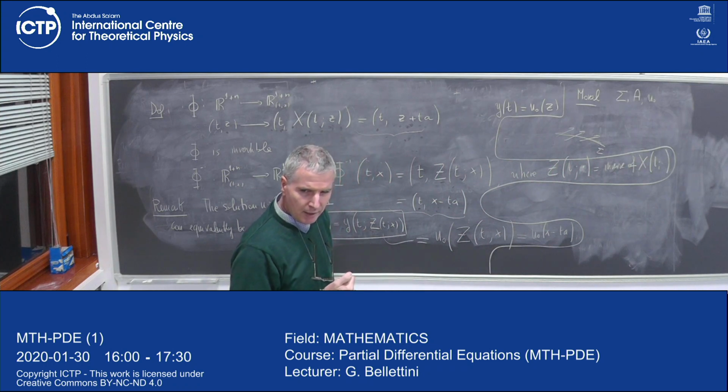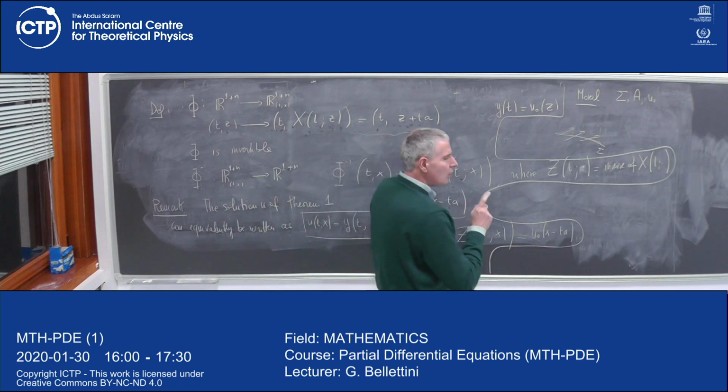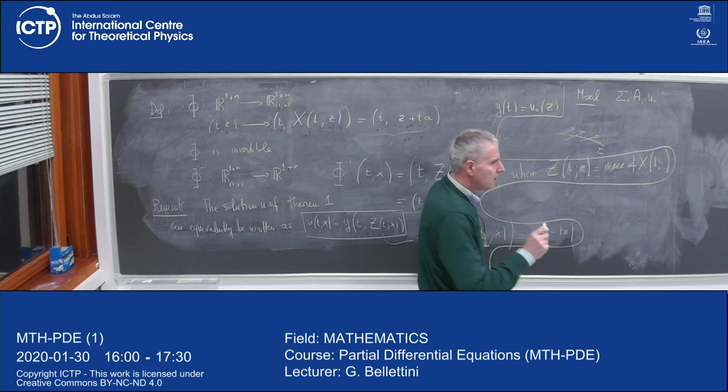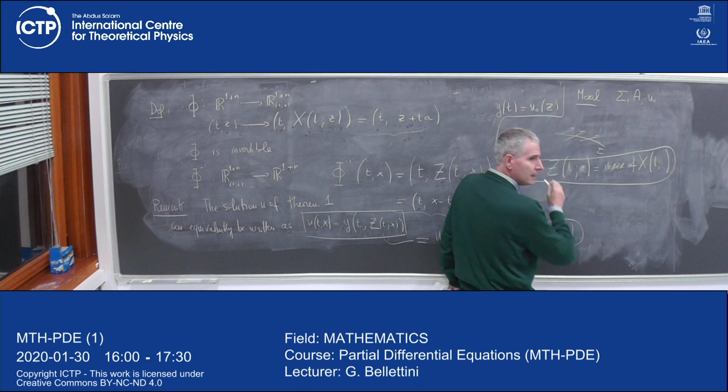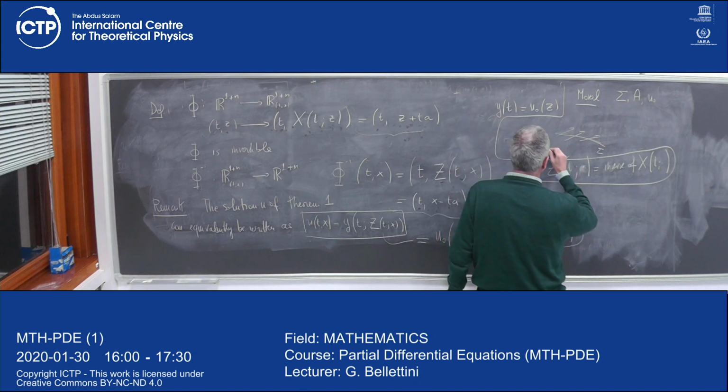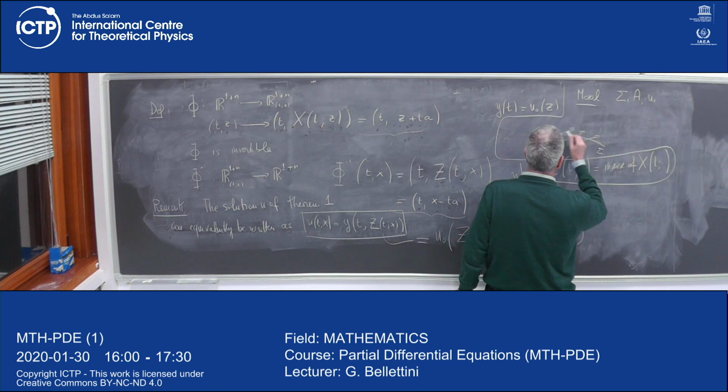Once we have capital A, we can solve a system of ODEs which has the following form. It is the flow line of this vector field. What does it mean? I find all curves having this vector field as a tangent.